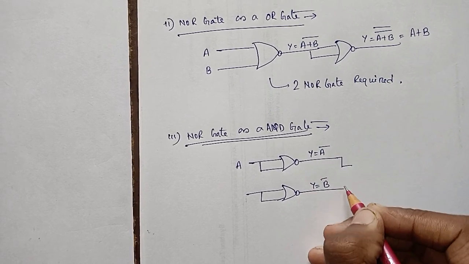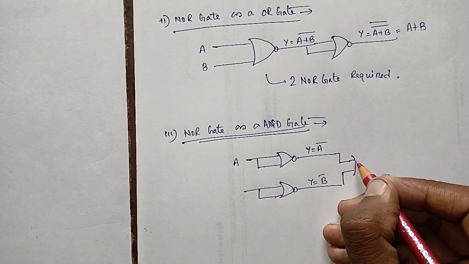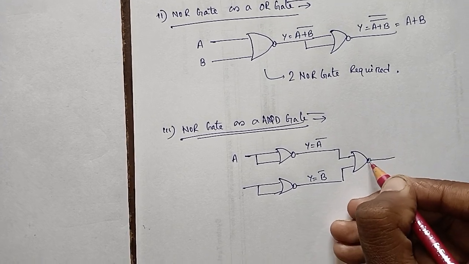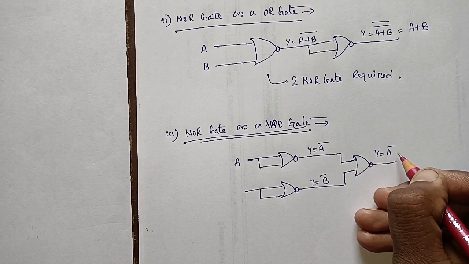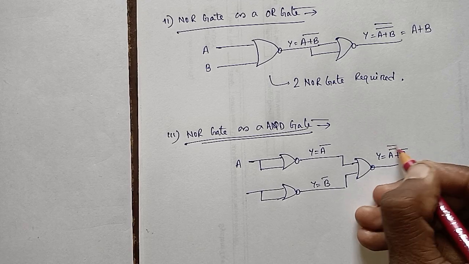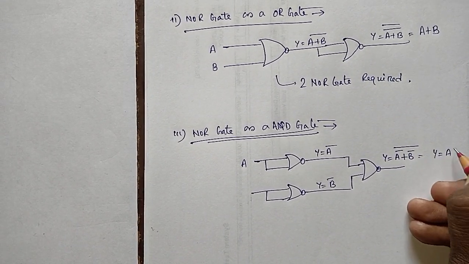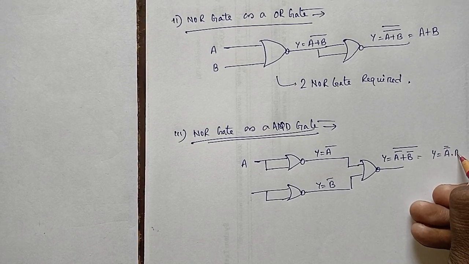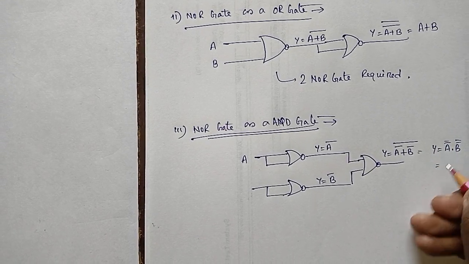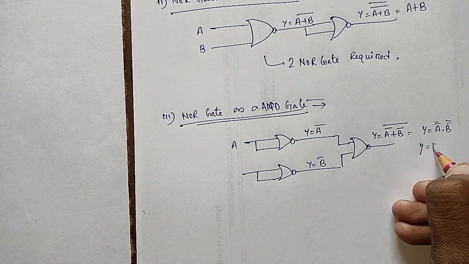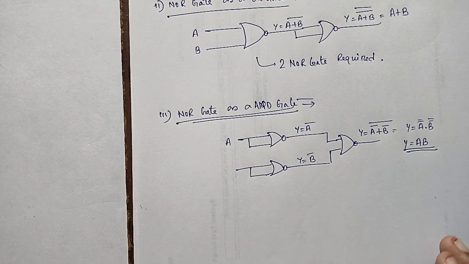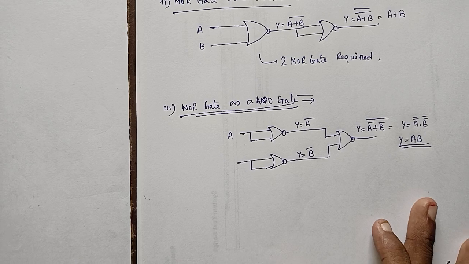Again we merge these two, so we get y is equal to (A bar plus B bar) whole bar. If we apply De Morgan's law, y equals A double bar dot B double bar. The bars cancel out, and we get y is equal to AB. So this acts as an AND gate.